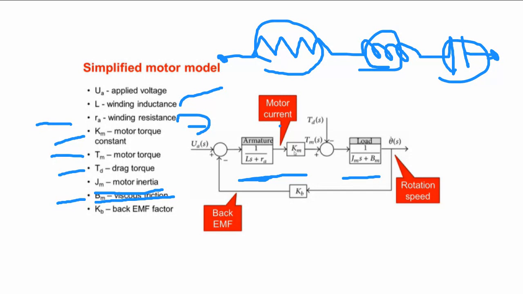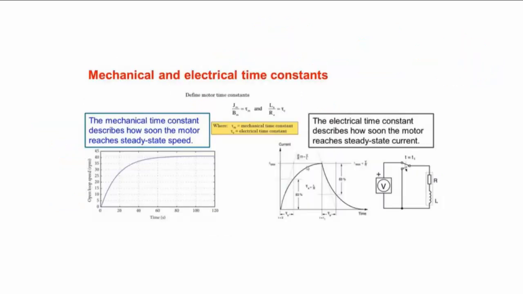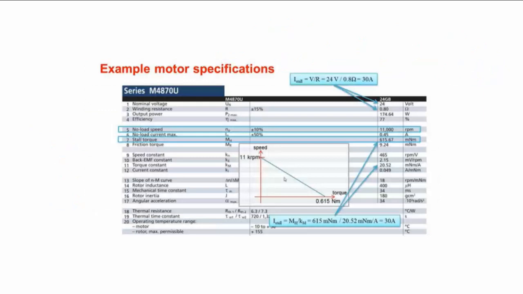TD is load torque. I generate mechanical torque, and this is load torque. Mechanical torque minus load torque gives us the net torque. Okay, that's good. We have a motor model, mechanical and electrical time constant.